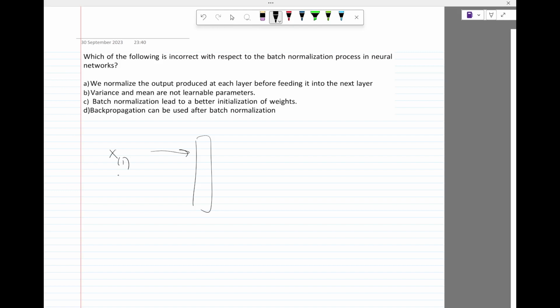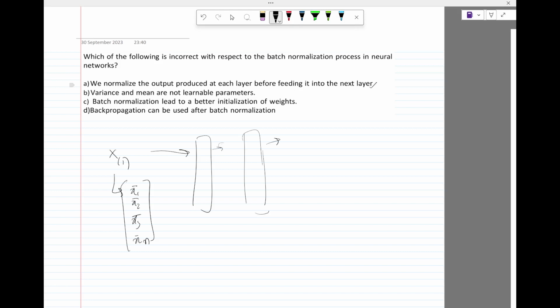X batch 1 will consist of some x1, x2 vectors, some set of data points. If n is your batch size, you give it n data points, you will get corresponding activations in each layer. And for each layer, you will normalize those activations across the batch. So this option is actually correct.